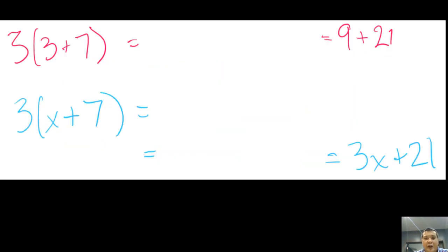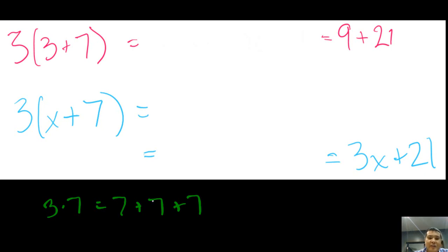Here, we can also think about distribution in terms of repeated addition. Remember that 3 times 7 is the same thing as 7 plus 7 plus 7. Remember that repeated addition is multiplication, or multiplication is repeated addition.